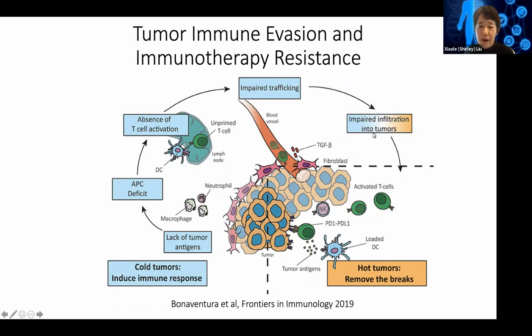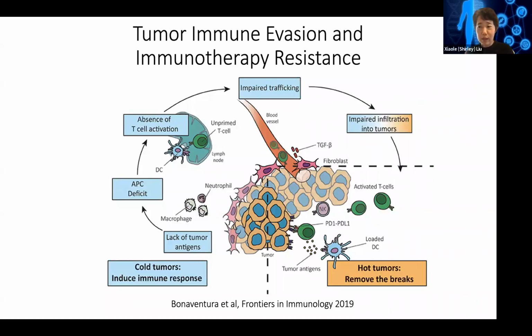But then there are also cases when the T cells cannot really infiltrate the tumor. And so over time, people have discovered a number of factors that prevent T cells from activating. This includes myeloid derived suppressor cells, tumor-associated fibroblasts, high levels of T regulatory cells, and also the M2 type of macrophage.